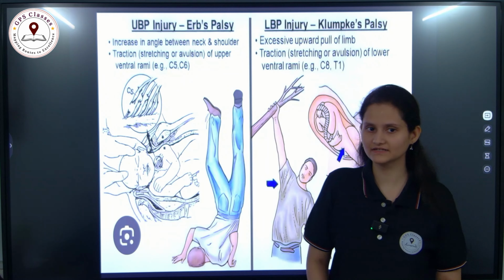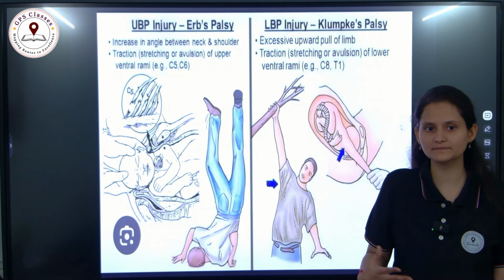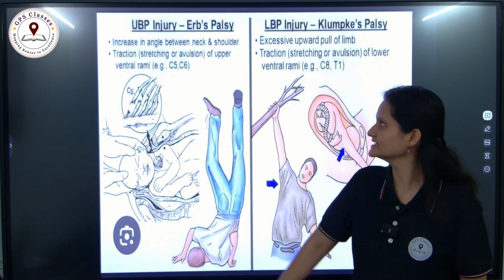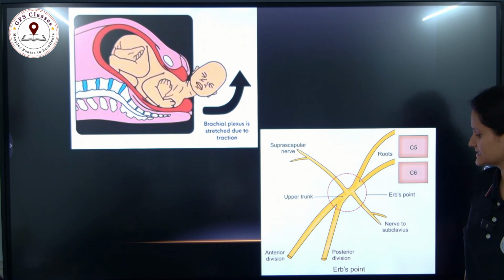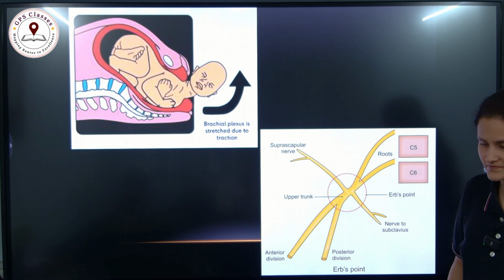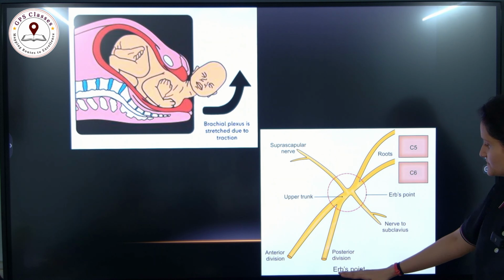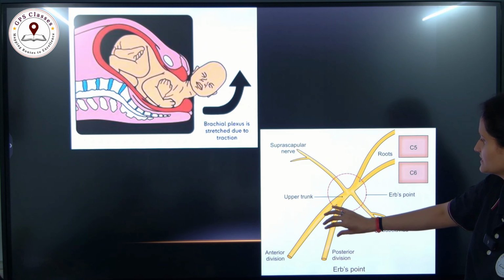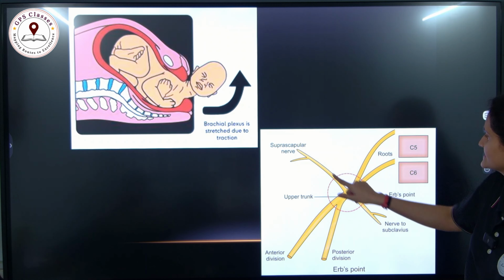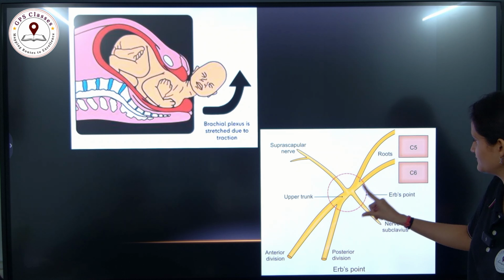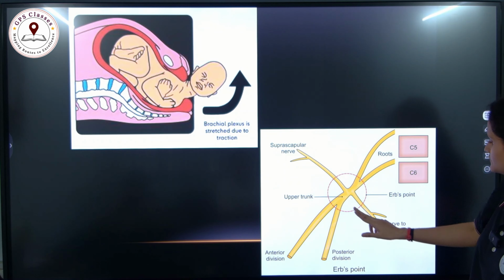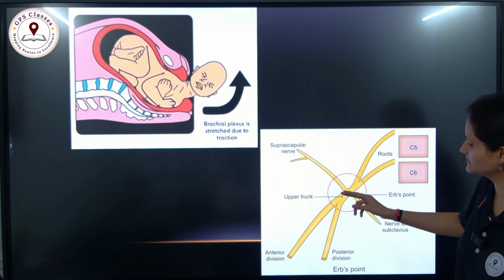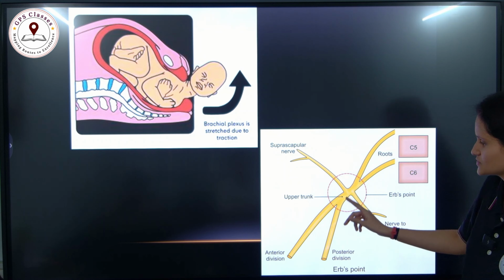Now we will see the clinical anatomy of the brachial plexus. First we will see Erb's paralysis. There is something called Erb's point. What is Erb's point? Erb's point is a point present on the upper trunk where six nerves unite: C5, C6, suprascapular nerve, the nerve to subclavius, and the anterior and posterior divisions of the upper trunk.